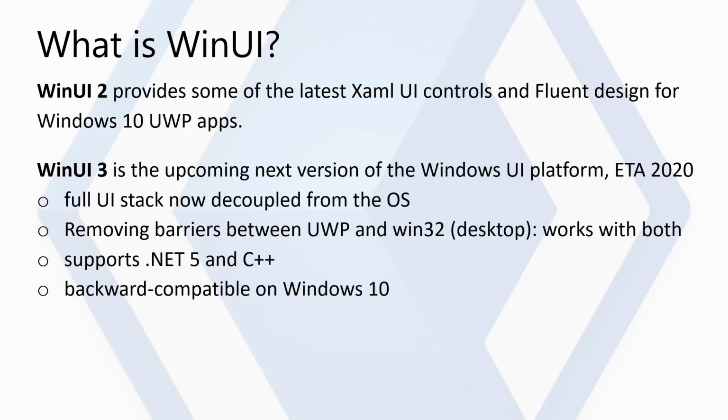We're also delivering this down level so that it will be backward compatible on Windows 10 versions. So no more will you have to wait for all of your users to update to the latest version of Windows before you can use new UWP APIs. Everything that we plan to add to WinUI will work down level to the versions of Windows 10 that most people are running.